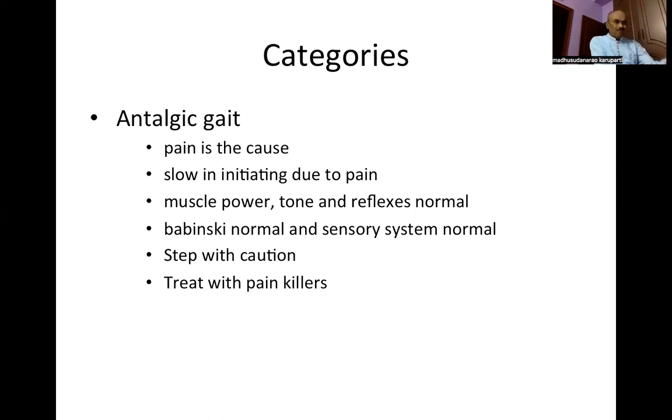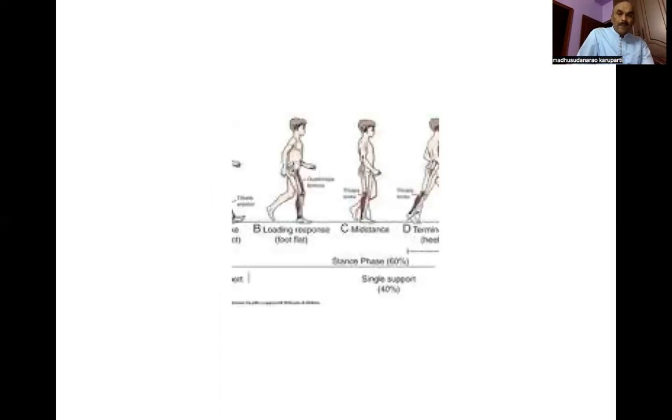Due to pain, either in the muscle or the skeleton, okay, or in the joint, the patient may not be able to initiate the walk, but other muscular power, tone, and reflexes are normal. Treat the painful condition, okay, and the patient will improve. This is the antalgic gait.